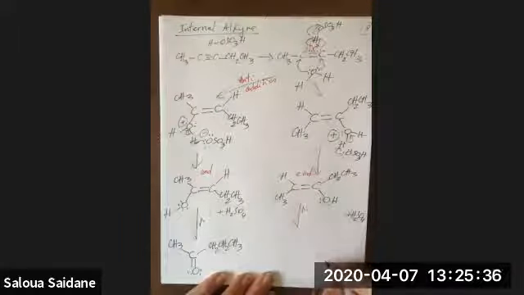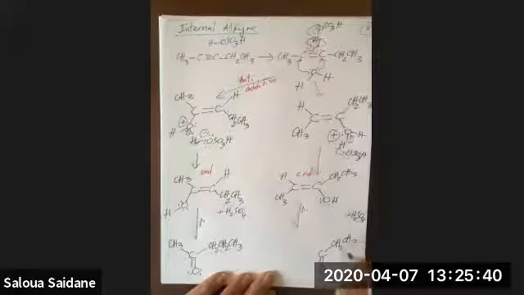So we have CO, CH2, CH3, CH2, CH3. So you see here that this ketone versus this ketone, this has two ethyl groups. So this is a diethyl ketone, but this one has a propyl on one side and a methyl. So it's going to give us two products, and it's going to be 50-50.